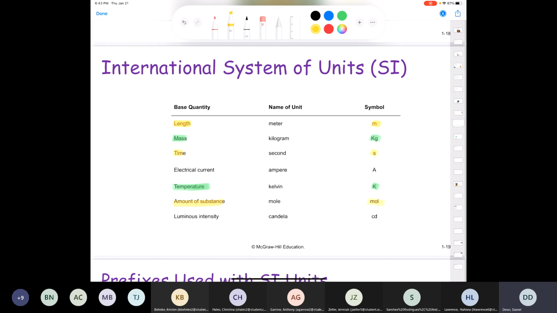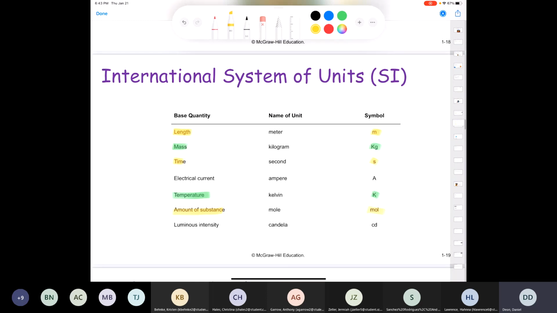Anyhow, the reason why I didn't highlight electrical current and luminous intensity is because they aren't going to come up in General Chemistry 1. They're not going to be part of the course, so we're not going to stress about them a whole lot. But you need to be aware of these base units, and you also need to know how to convert these base units into other units. And we're going to do some unit conversions.